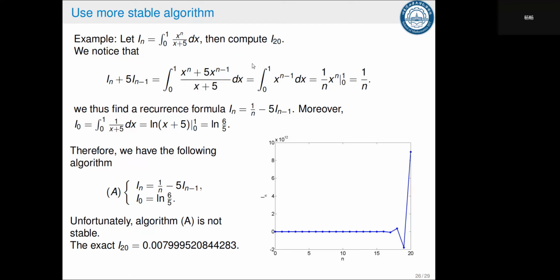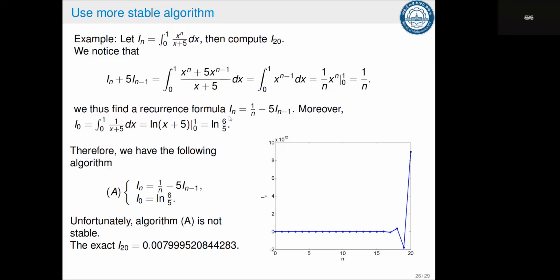So after this calculation you finally find a recursive formula, that is I_n equals 1 over n minus 5 times I_{n-1}. That means once you have I_{n-1}, you can use this formulation to find I_n.